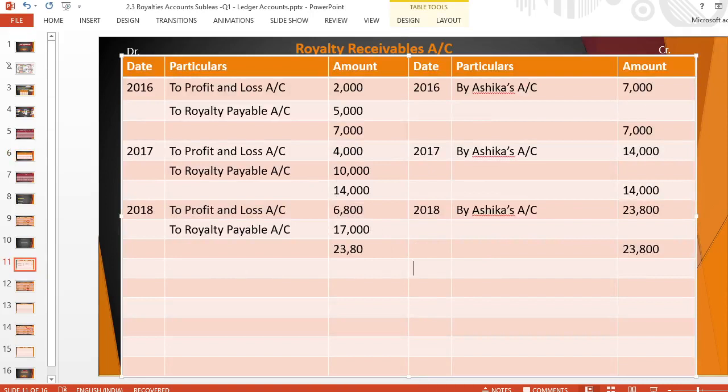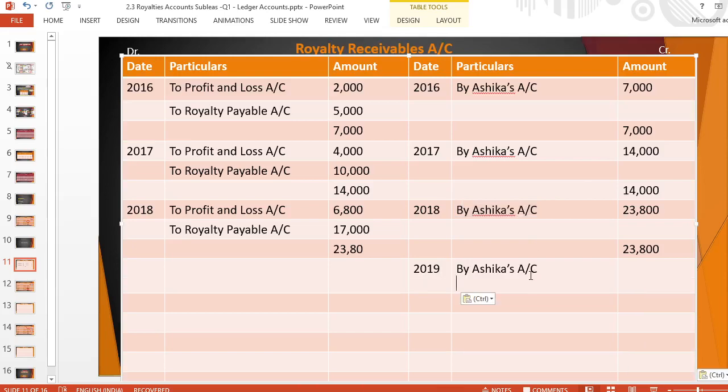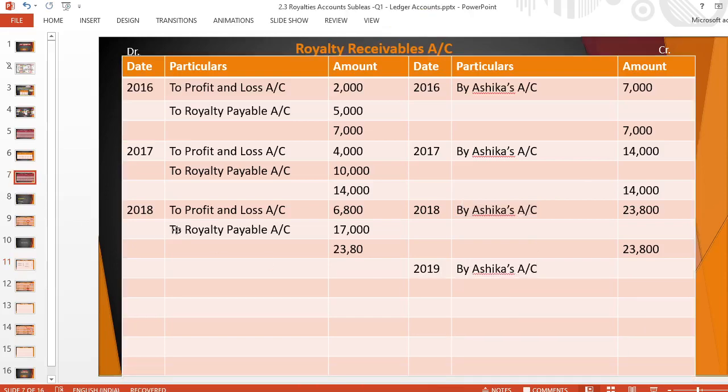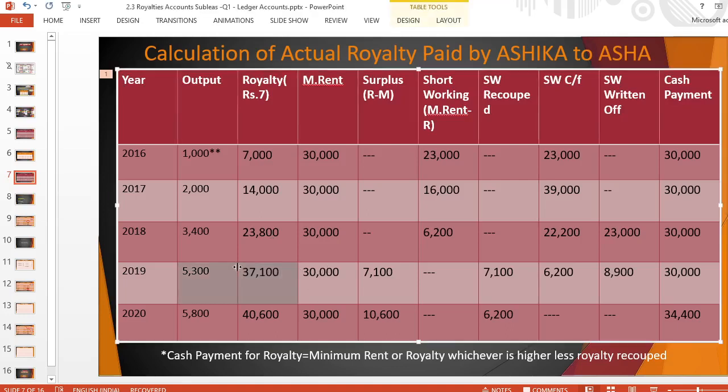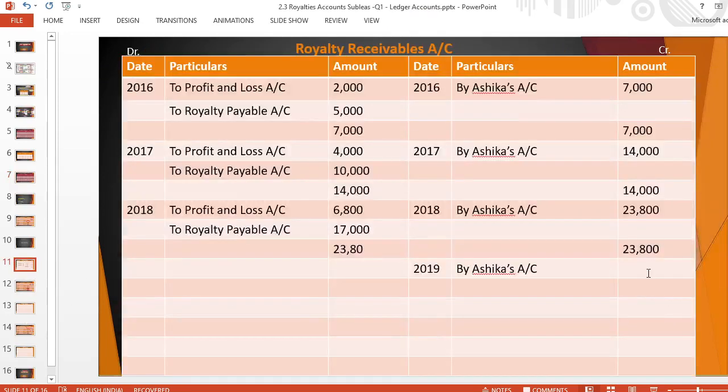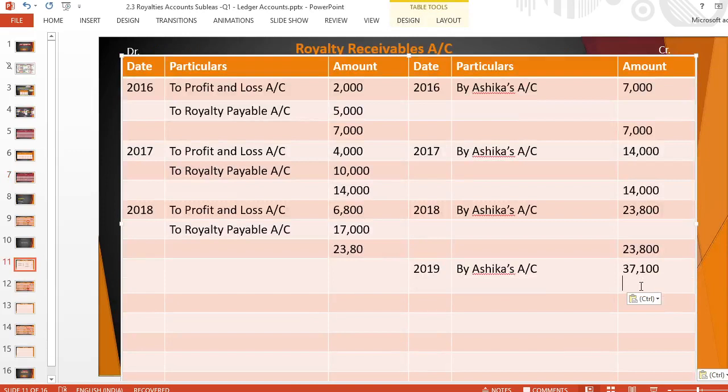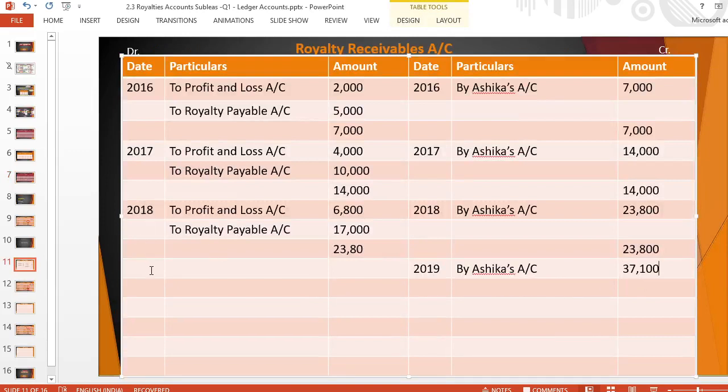And in the year 2019, the same transaction repeats by Ashika's account. I should check the amount in this royalty table 2. It is 37,100 in the year 2019. And on the debit side, again 2019, I should repeat the same journal entries.